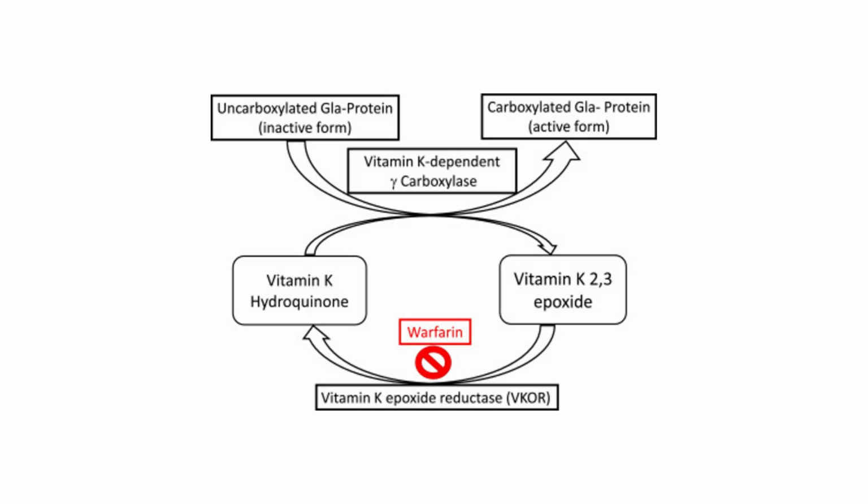Gamma carboxylation stops here. Without gamma carboxylation, clotting factors 2, 7, 9 and 10 remain inactive. They have to be activated for coagulation, right? So they cannot bind to calcium, and cannot attach to the platelet membranes. So they cannot participate in the coagulation cascade. Therefore, blood clot formation decreases.